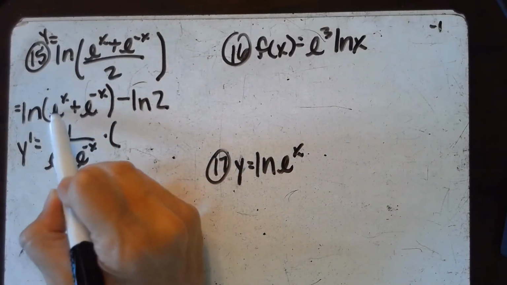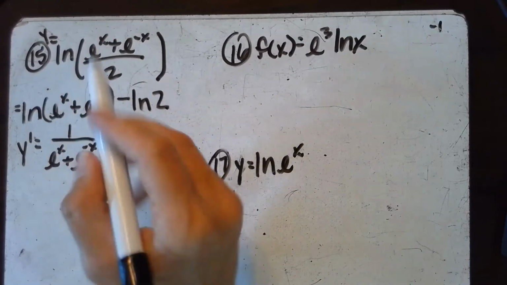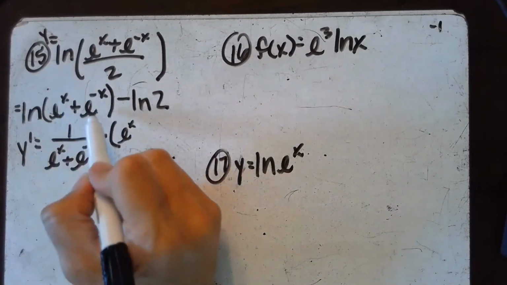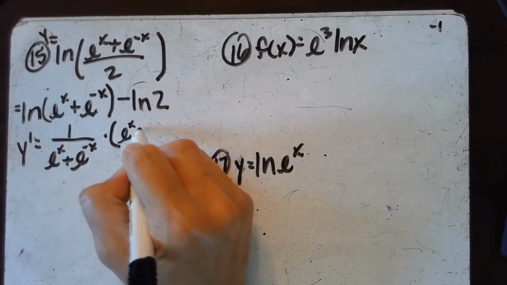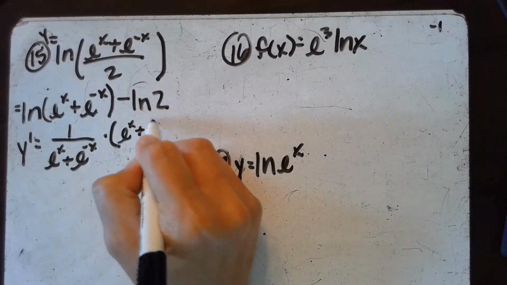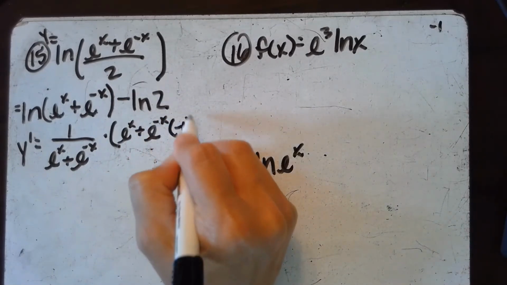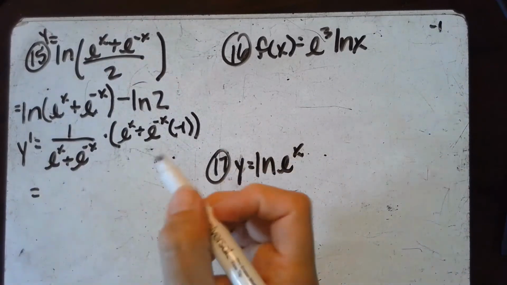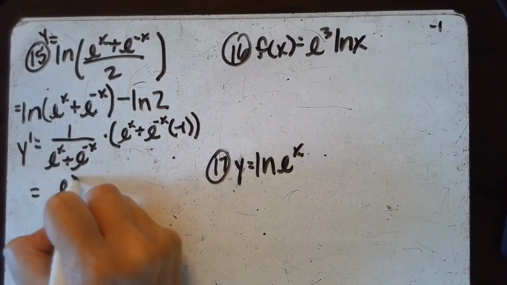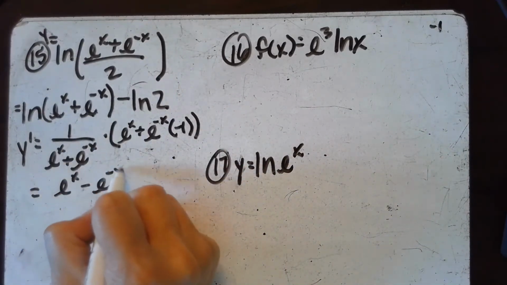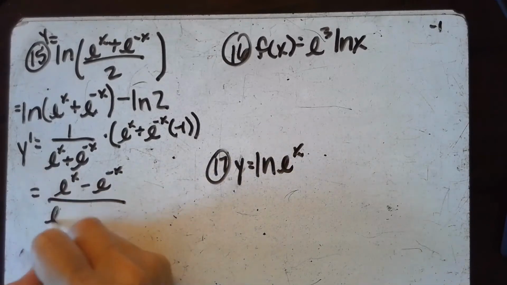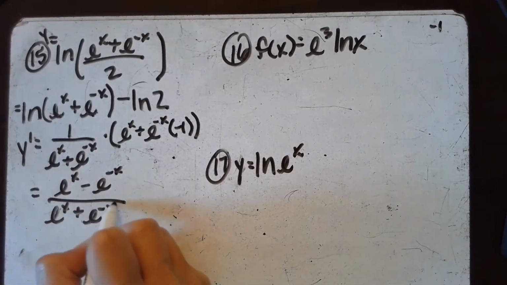Since this is a plus, each of these is separate. The derivative of e to the x is e to the x. Derivative of this is e to the negative x times negative 1. Let me go clean it up. In the numerator, e to the x minus e to the negative x, and in the denominator, e to the x plus e to the negative x.